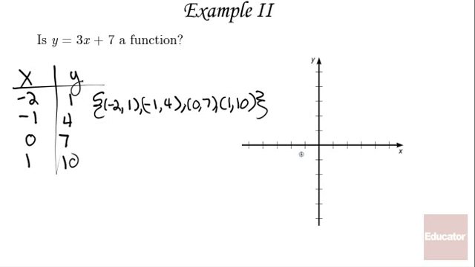So my first point is -2, 1. My second point is -1, 4. My third point is 0, 7. It's going to be about up here.